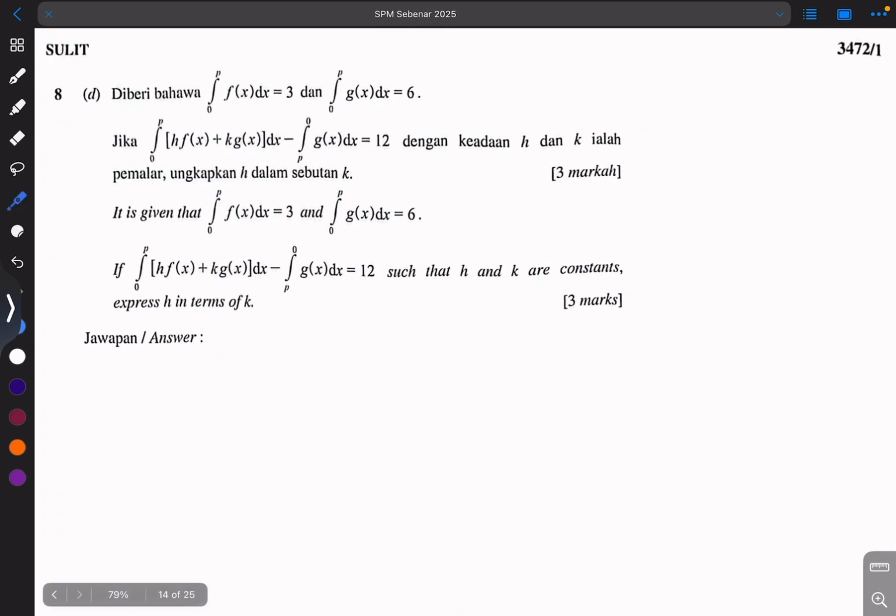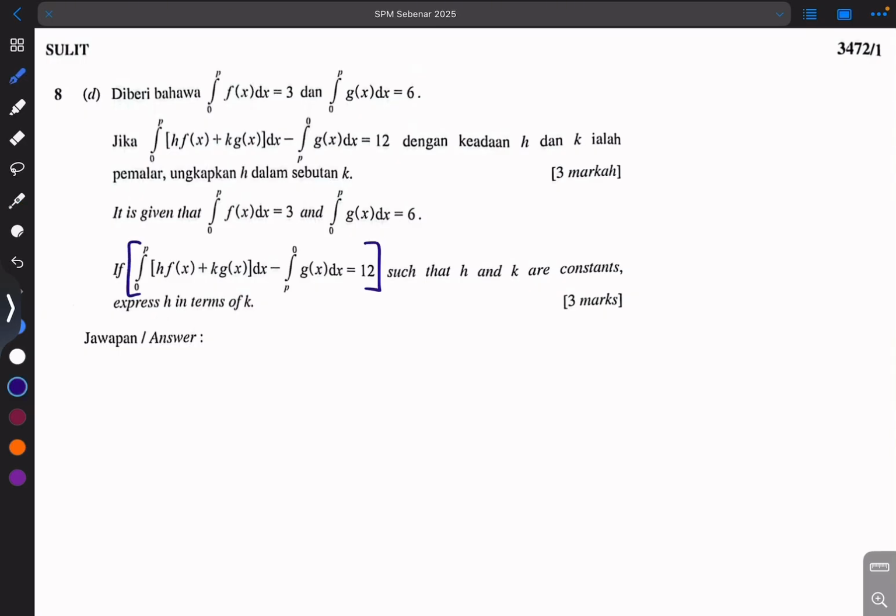Next question. It is given that the integral from 0 to p of f(x) dx is 3, and the integral from 0 to p of g(x) dx is 6. If this minus this is 12, where h and k are constants, express h in terms of k. So we start from here and try to expand.